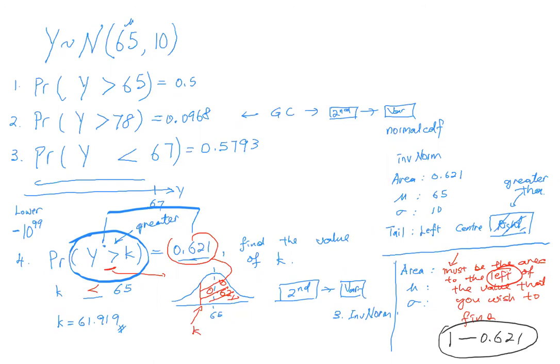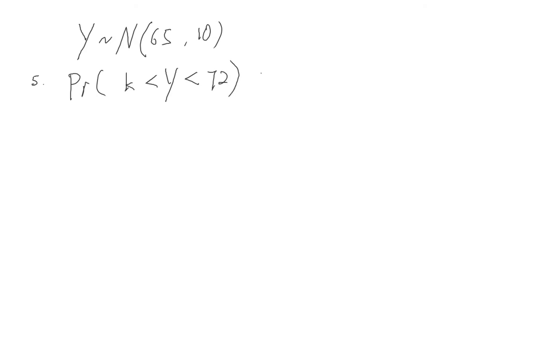So now let's have some variation. Okay, if my Y, same thing, 65 and 10. Now I give you the fifth one. Probability of y greater than k, less than 72, the probability is 0.421.